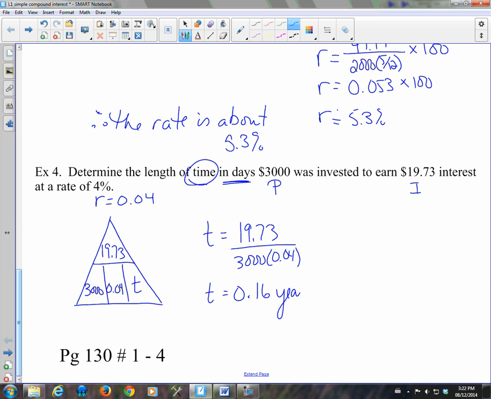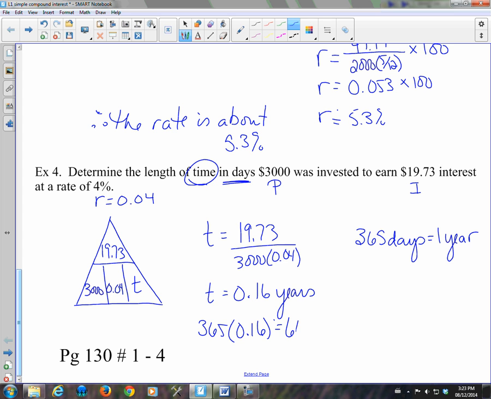years. So if I want to change 0.16 years to days, I know there is 365 days in 1 year. And I have 0.616 of a year. So I take 365 times 0.616, and that'll tell me how many days.